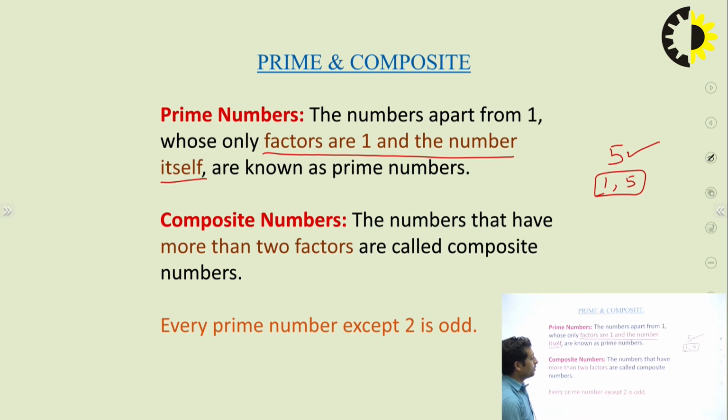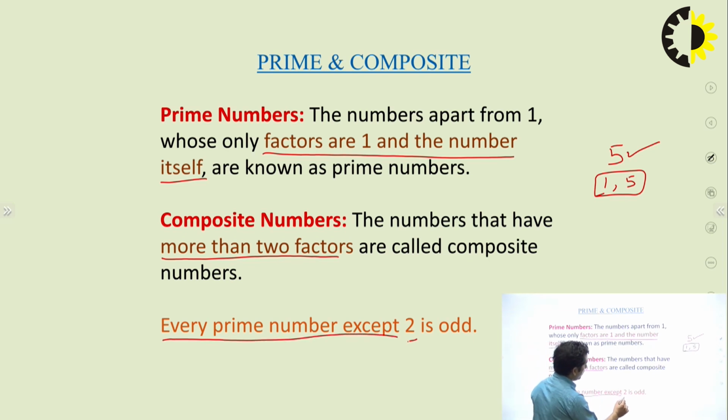Now, what is a composite number? Numbers that have more than 2 factors are called composite numbers. Sometimes we need this type of number also to generate the prime numbers. One property of prime numbers is that every prime number except 2 is odd, just like 5 is an odd number.